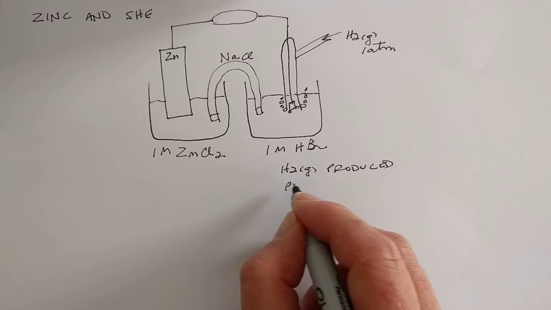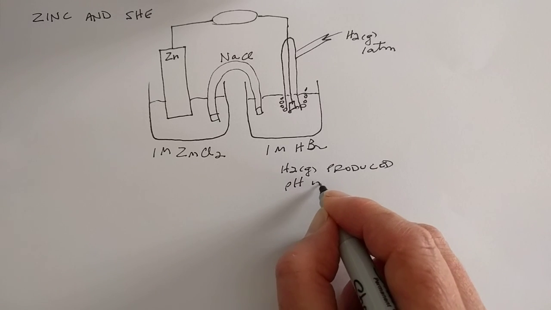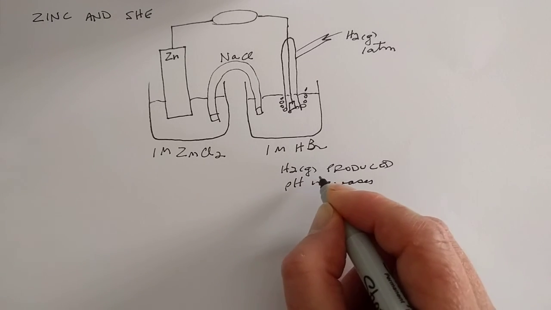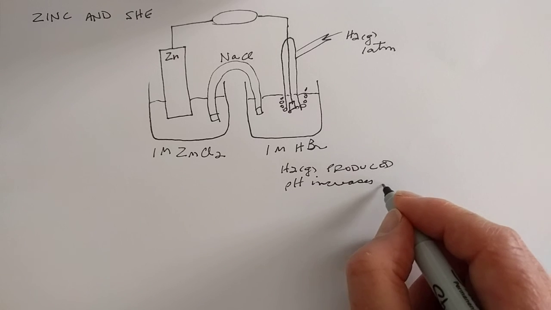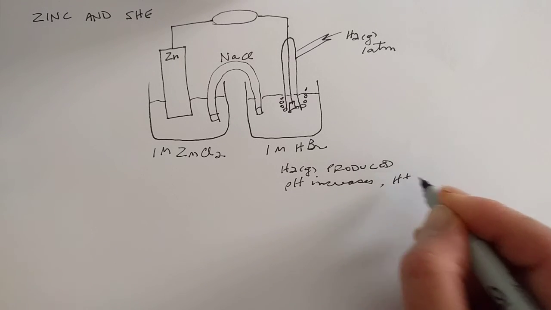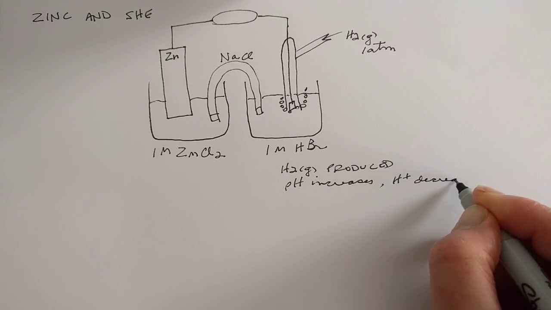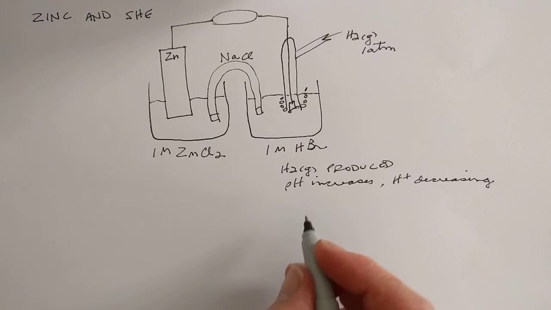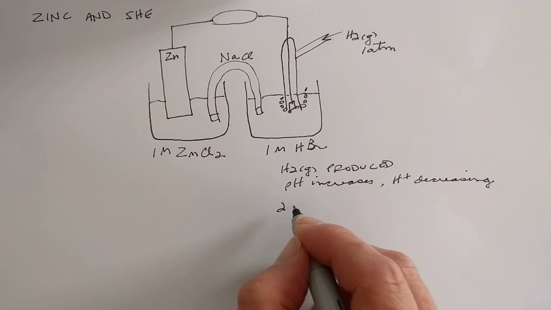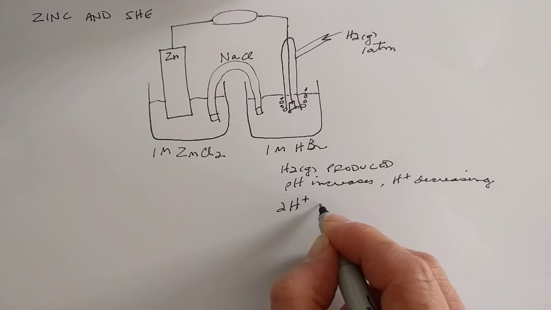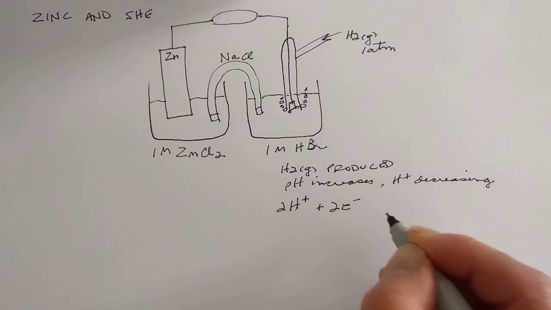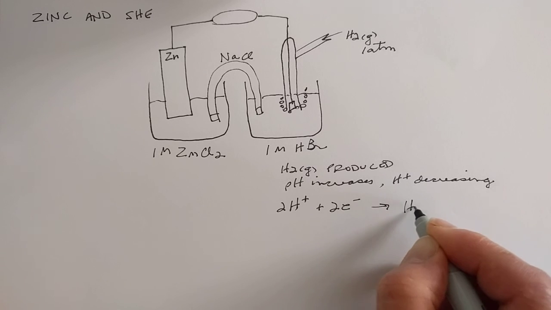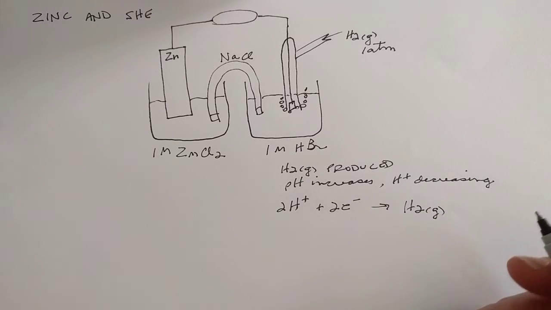Our pH, as the cell runs, increases, and that is because our H plus is decreasing. So that means we're removing H plus, so we have the 2H plus plus 2 electrons making H2 gas.